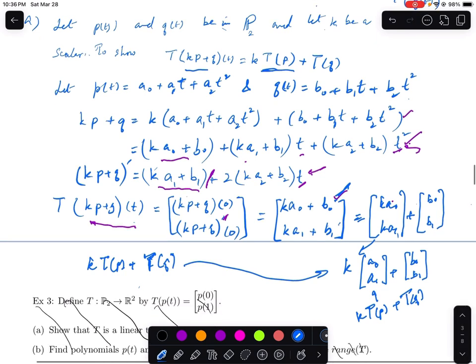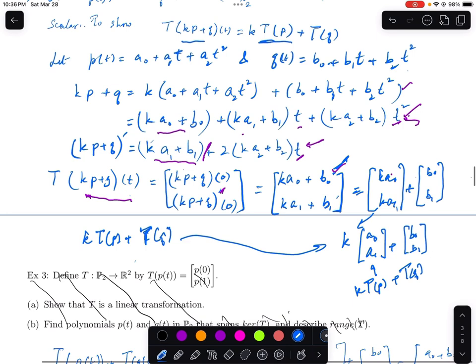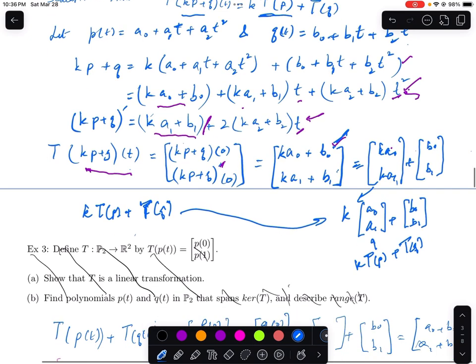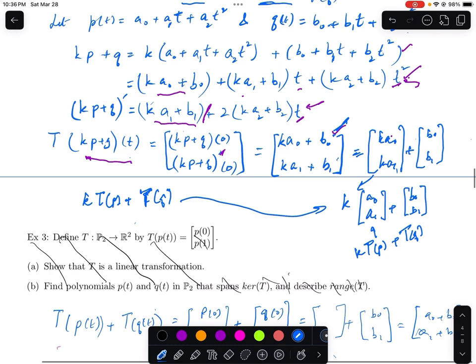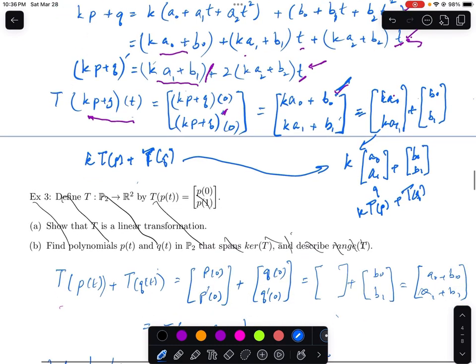The second part is we have to figure out what is in the kernel of T, and what will be in the range of T. So first, for the kernel of T, basically we are looking at the null space.